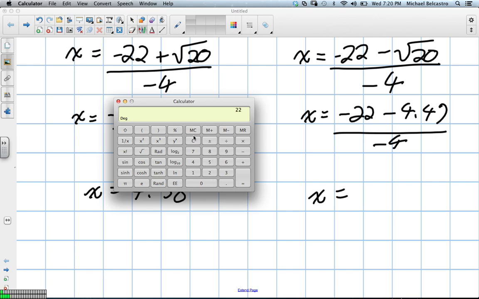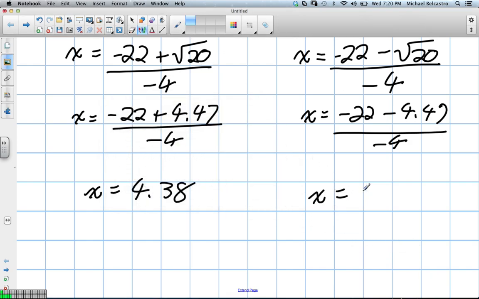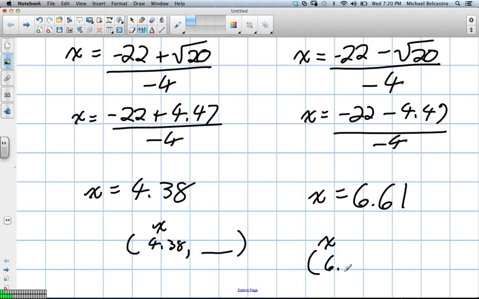Negative 22 minus 4.47 equals, divided by negative 4, 6.61. Okay? So what we've discovered is the points of intersection are at an x value of 4.38 for one of them, and the other x value is at 6.61 for the other point.